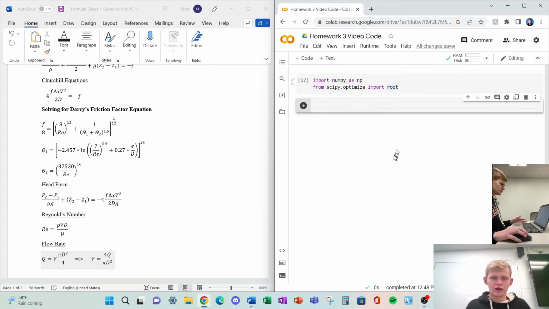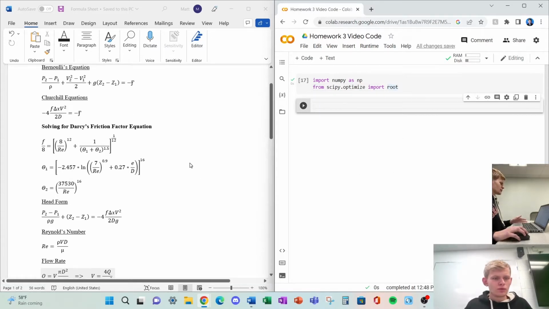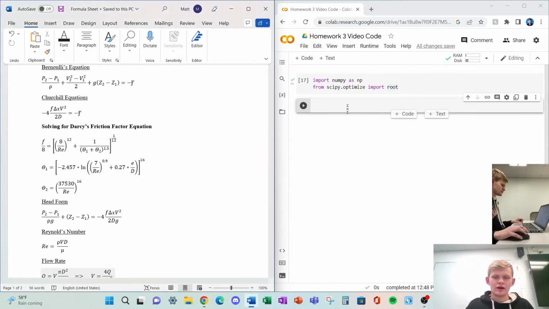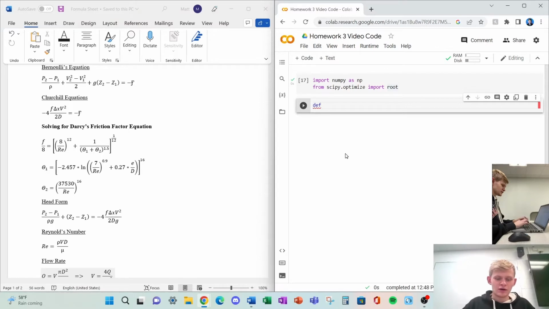Starting off here, the main thing we're going to need is our friction factor. Our friction factor is going to be found through this Churchill equation on the left over here. So we're going to define a function, just call it Churchill. And you see over here that we need two things provided because of this equation.